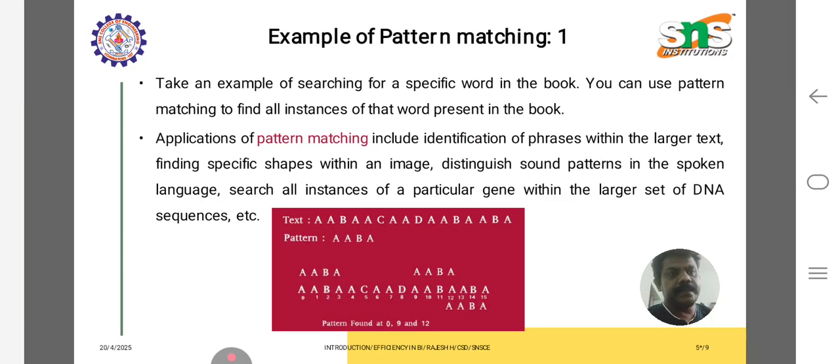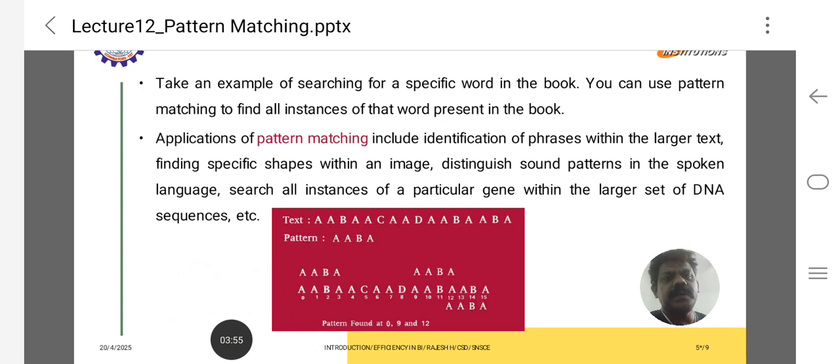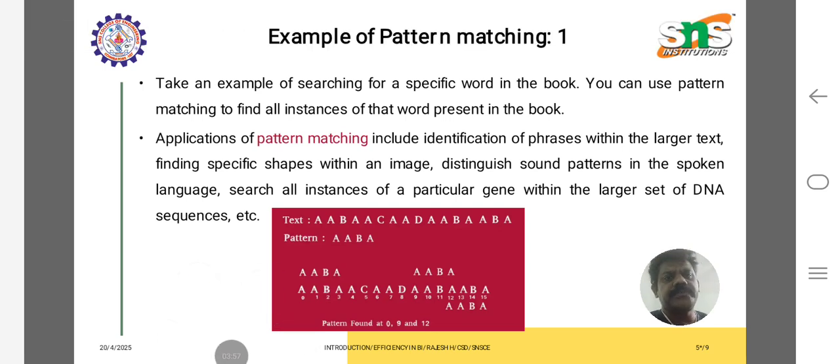One example where pattern matching is possible: take the example of searching for a specific word in a book. You can use pattern matching to find all instances of that word present in the book. Applications of pattern matching include identification of phrases within a larger text, finding specific shapes within an image, distinguishing sound patterns in spoken language, and searching all instances of a particular gene within a larger set of DNA sequences.